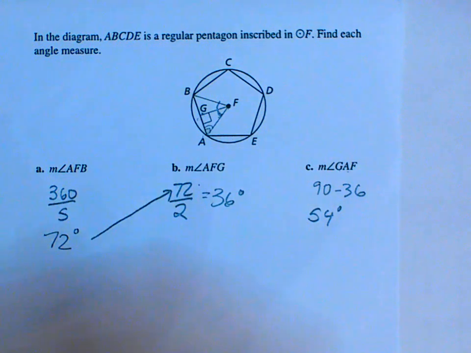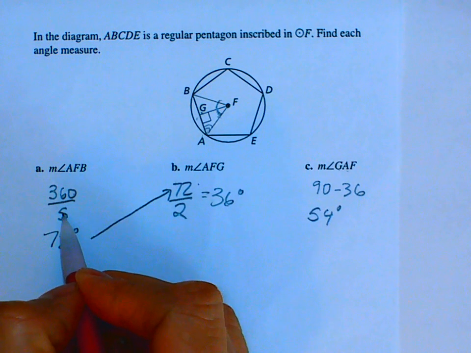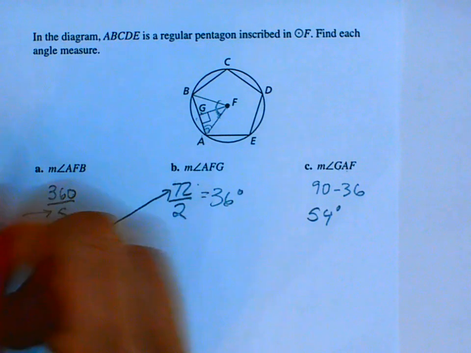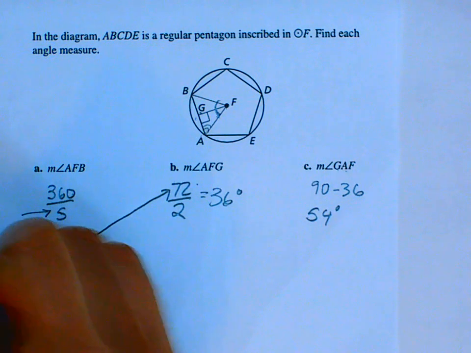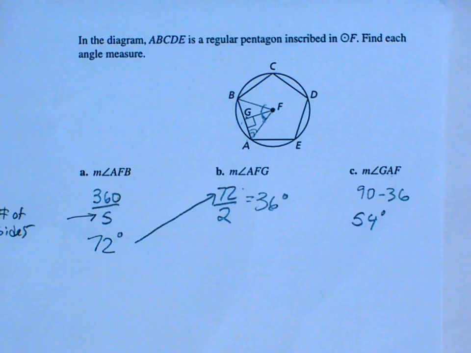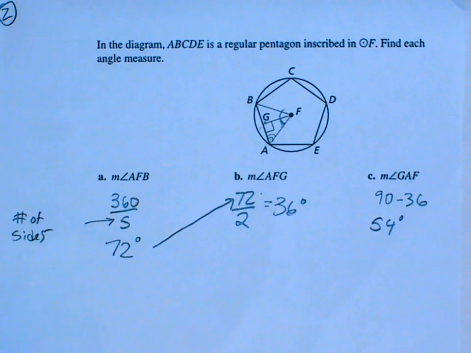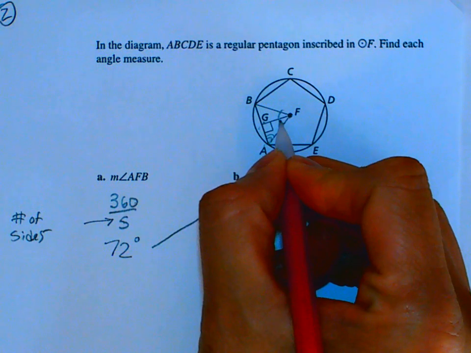So once again, the central angle, use 360 divided by the number of sides. This represents the number of sides. Then you divide it by 2 to find this angle right here.